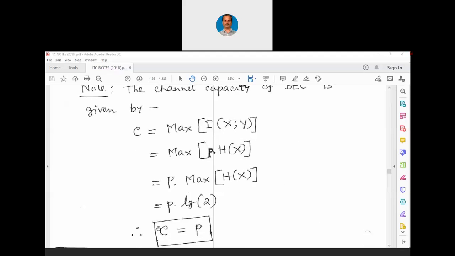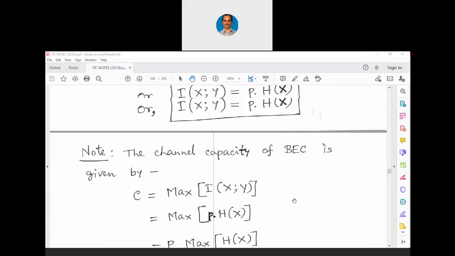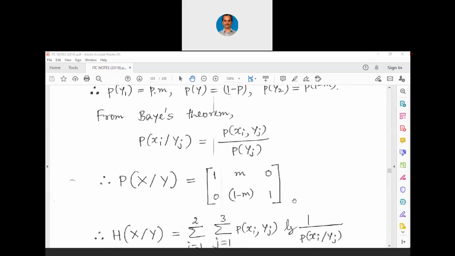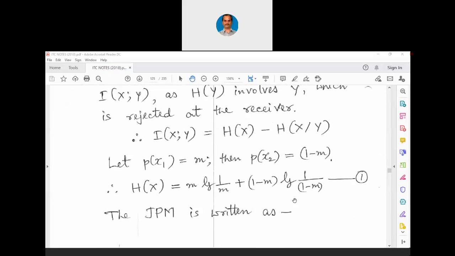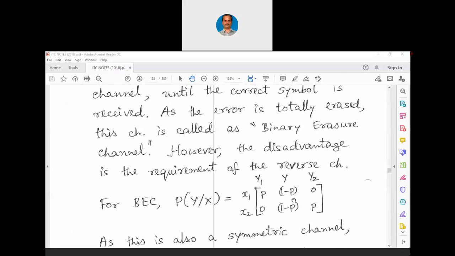So the channel capacity of the binary erasure channel is P, where we had defined P as y1/x1 and y2/x2.